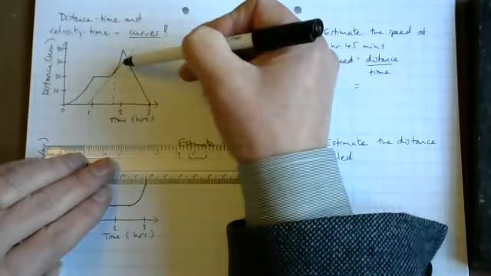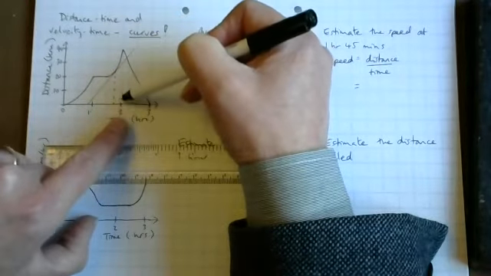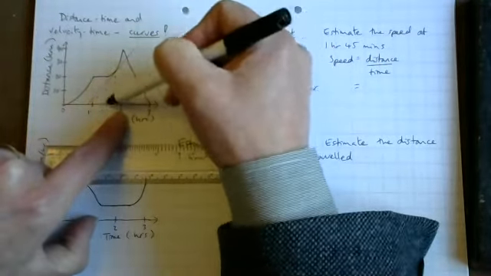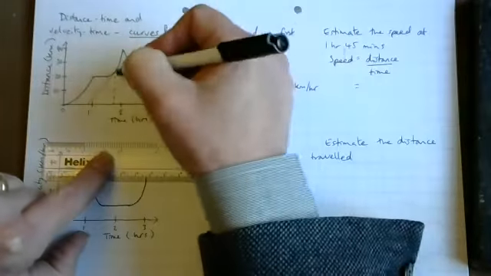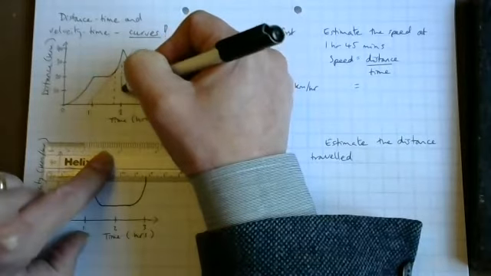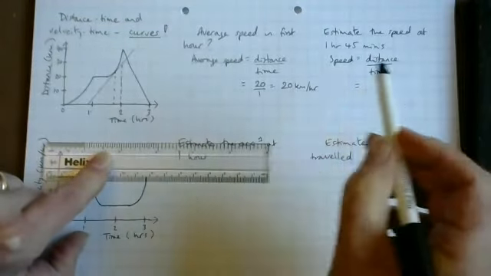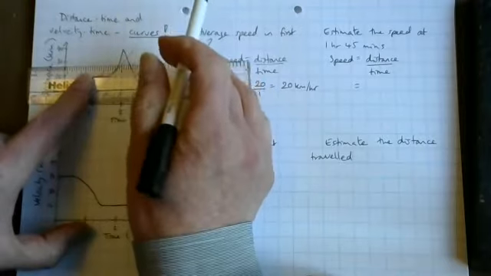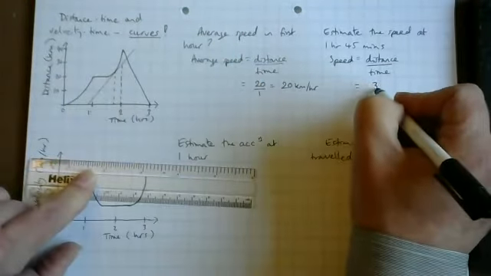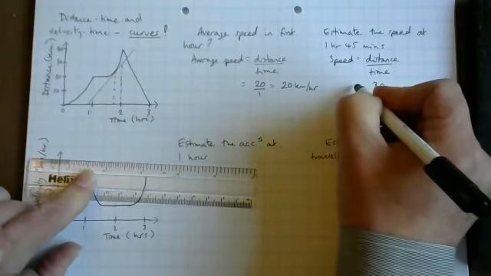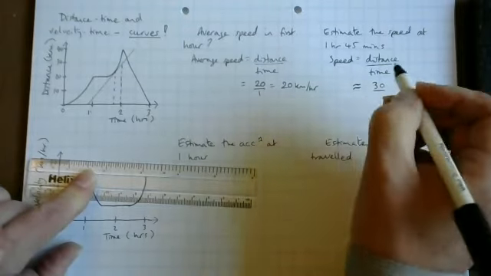And this one here is a nice bit. Take this bit of the curve. I can take the distance there, which is 30. So I should say approximately, actually. Tell the marker I know it's not exact.